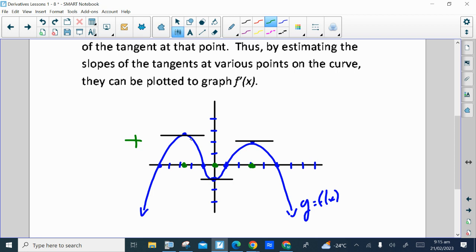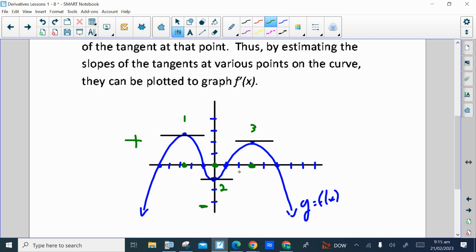Then in this next interval, if I number these 1, 2, and 3, our 3 min and max points, which correspond to our 3 x-intercepts for the derivative, between point 1 and point 2, the original graph is decreasing in value, which means that the tangent lines will have a negative slope there, which means the value of the derivative will be negative in this interval. It'll be below the x-axis. The values of y will be negative.